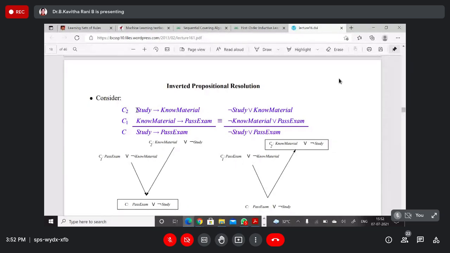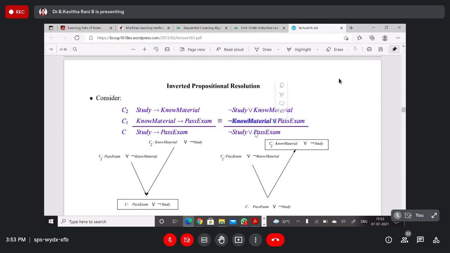So study, no material. If you know the material, you can study. If you pass the exam, that is nothing but you know the material. Okay, so this is the positive one. Now if you see here, if you know the material, you will not study. Okay, if you pass the exam, you don't know the material.